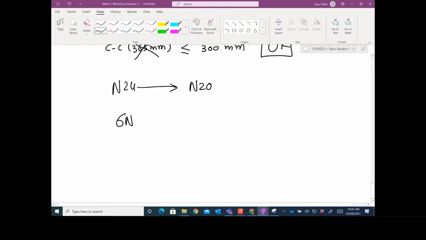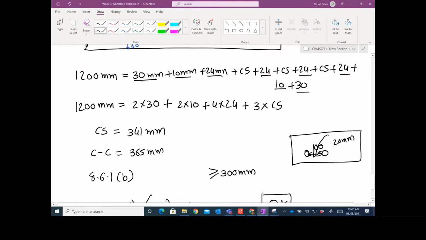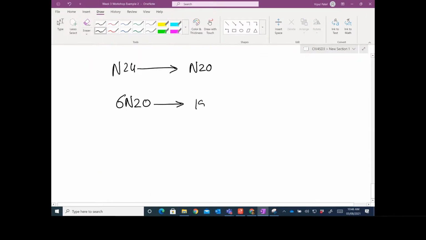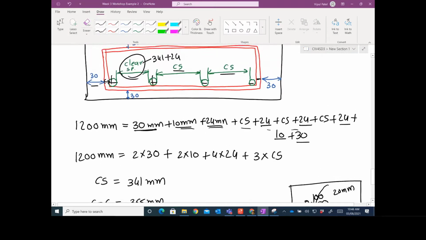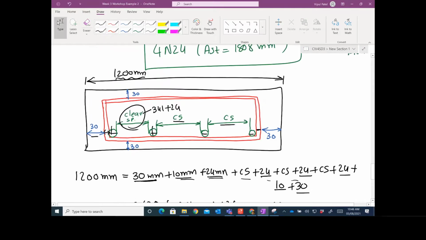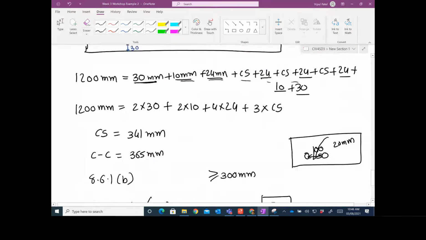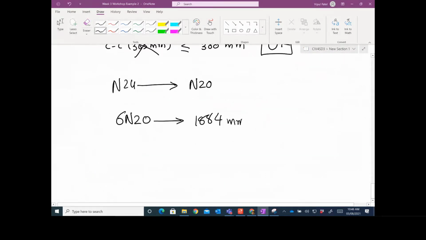So 6 N20, and the spacing will be satisfied. You can calculate again using these, and our area would now be 1884 millimeters square.